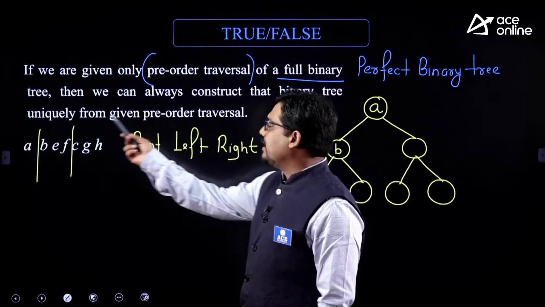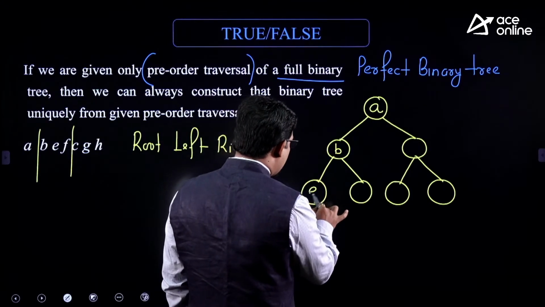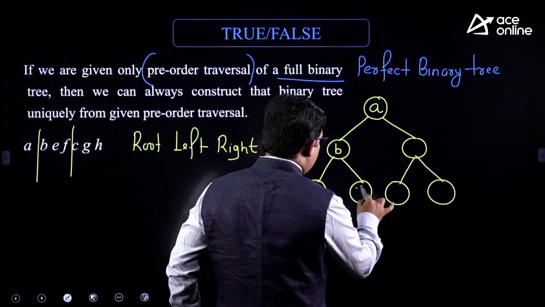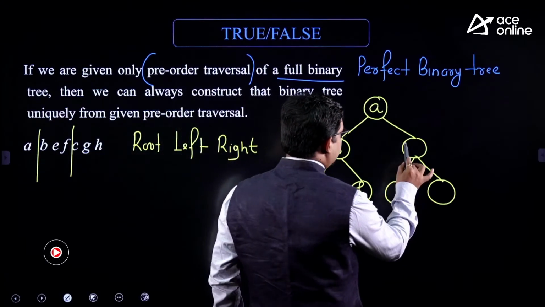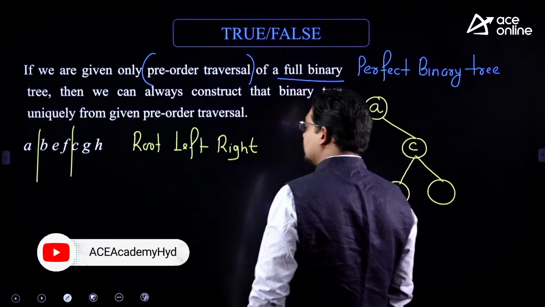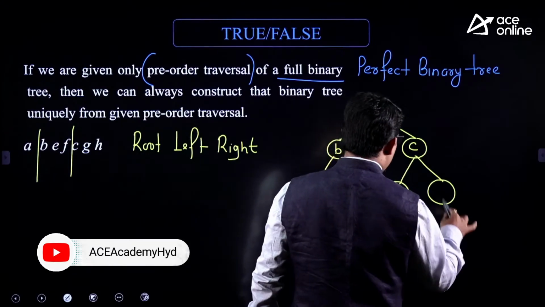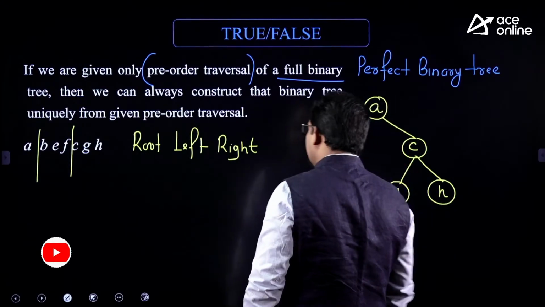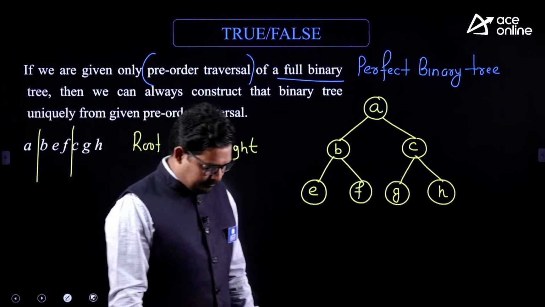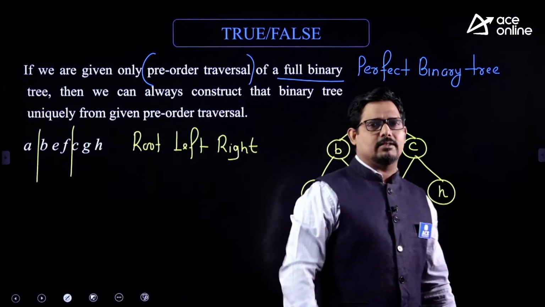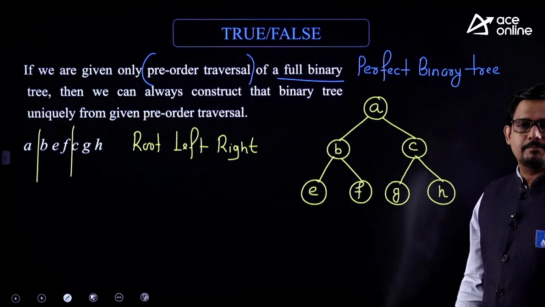If B is the root, E will be on the left and F will be on the right. Similarly, C is the root, G is on the left and H is on the right. So look here, I have not used any other traversal. Only one traversal, and I filled up the entries.